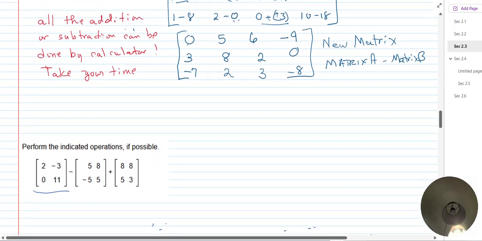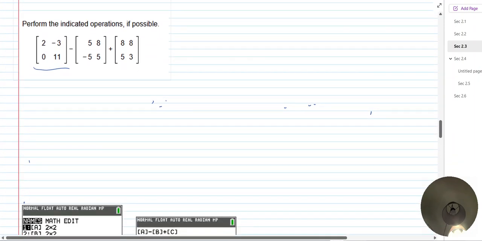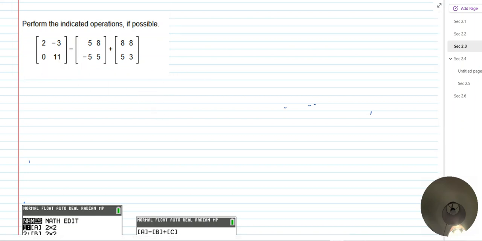So we're going to do it simultaneously. We're going to do it first by hand because these aren't really upsetting. This is matrix A, matrix B, and matrix C. And all of them are square matrices of 2 by 2.